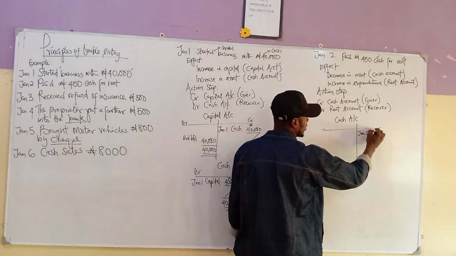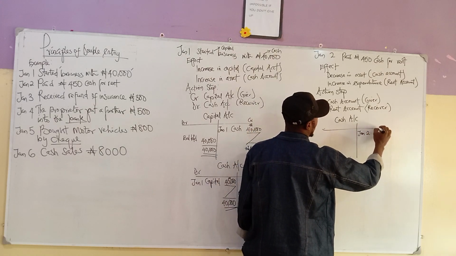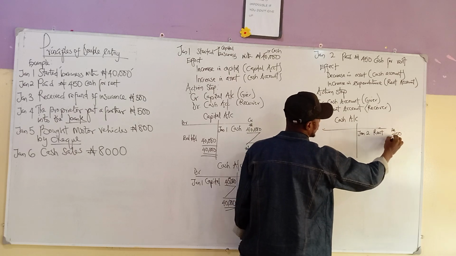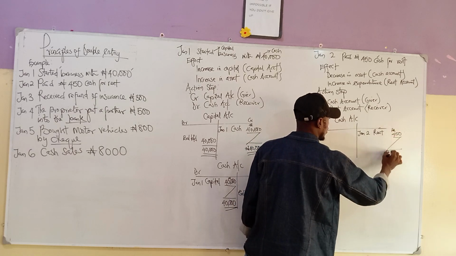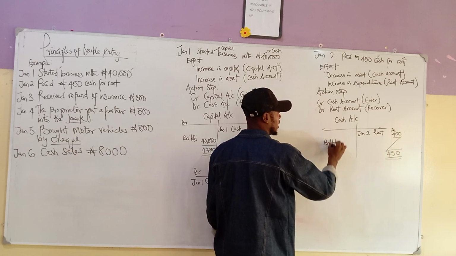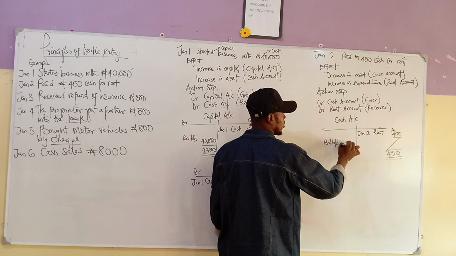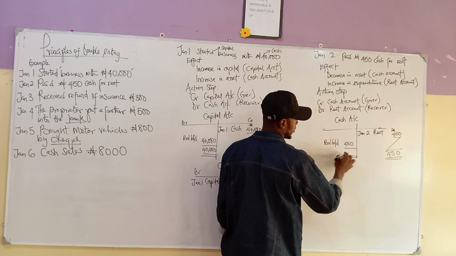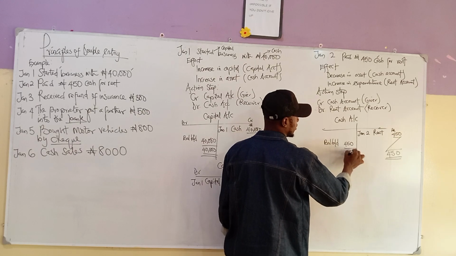We paid for rent. So I have rent. Rent is how much? 450 naira. So we close 450. Then here we have balance brought down. Balance brought down is 450, which is for rent. So we close 450.